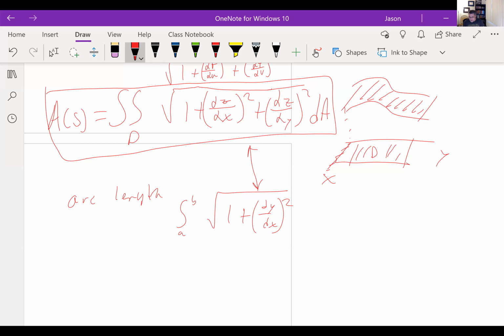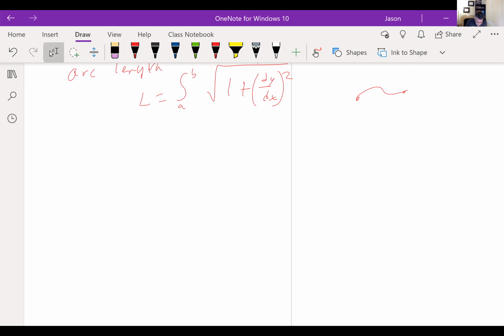The arc length formula in basically two dimensions is very analogous to the surface area in three dimensions. That's kind of cool.